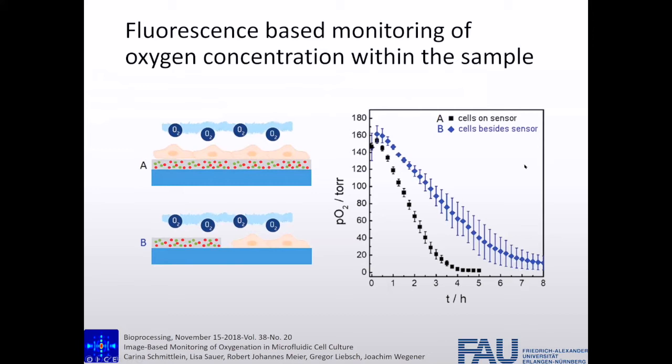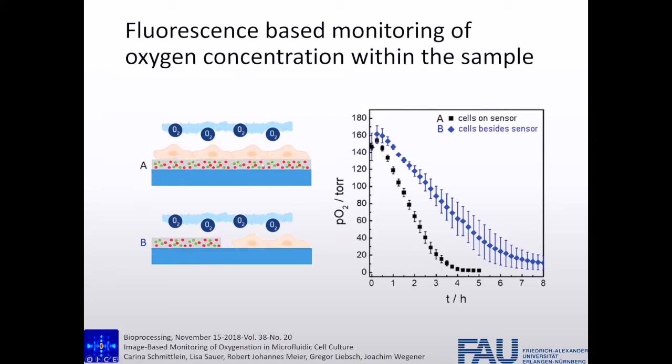Just to show you how this works, so to measure the oxygen concentration with fluorescence, there's, for example, a foil you can put on the cover slip. This foil contains fluorescent molecules which change their fluorescence according to the oxygenation.